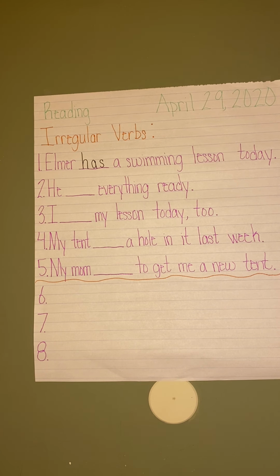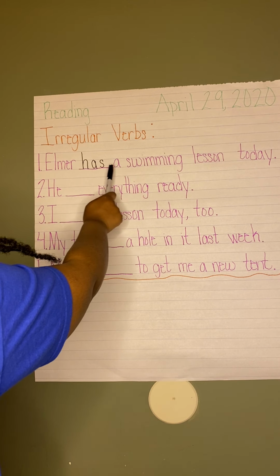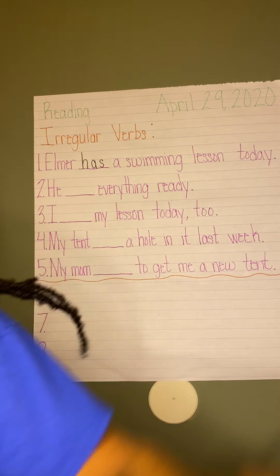Your answer should be Elmer has a swimming lesson today. You should be circling has in the parentheses, and then rewriting the sentence with the word has in it.